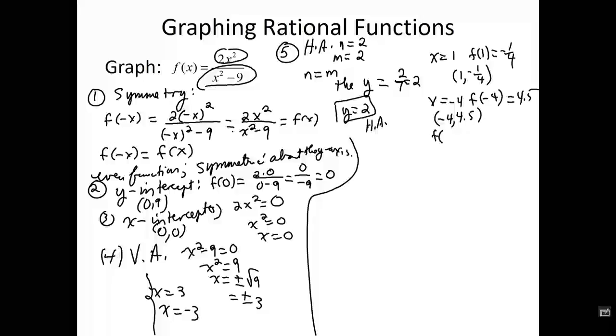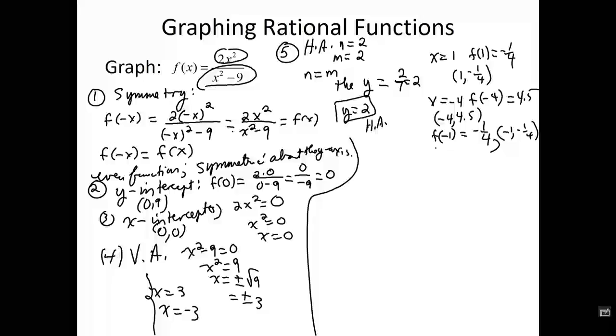F of negative 1, since we know this is symmetric about the y-axis, f of negative 1 is also negative 1/4, so we're going to have the point (-1, -1/4), all right?